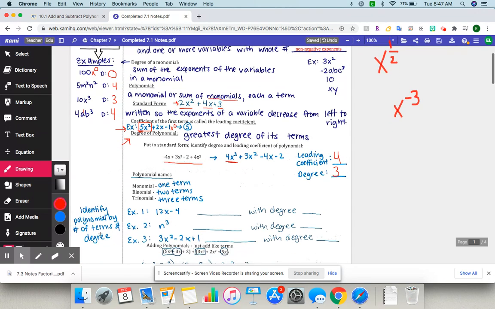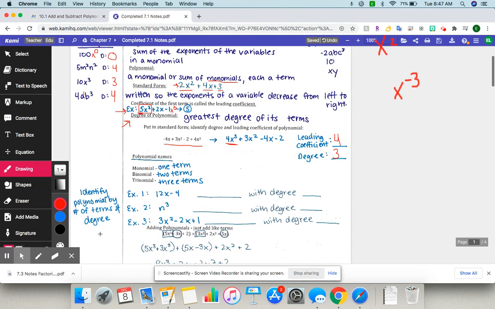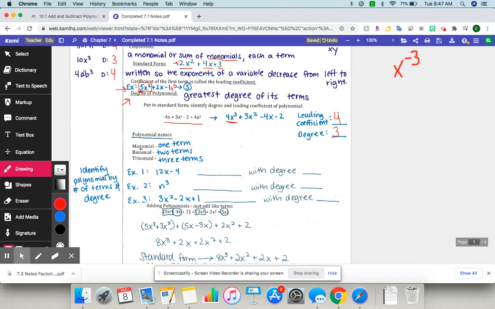We can also identify polynomials by their names. So as we said before, a monomial is simply a polynomial with one term. A binomial is a polynomial with two terms, hence the prefix bi. And a trinomial is a polynomial with three terms, hence the prefix tri, meaning three.